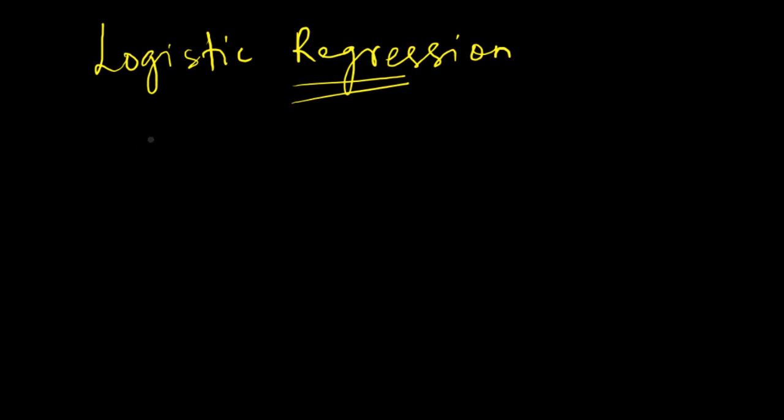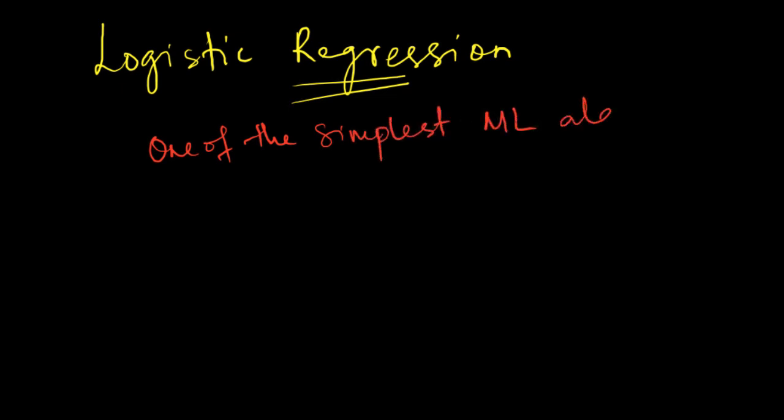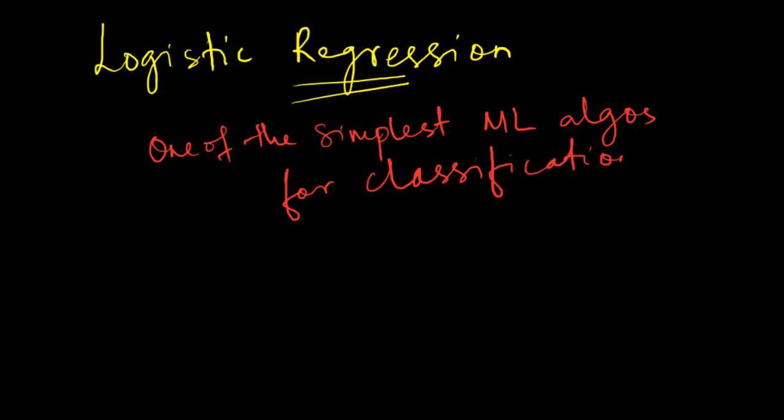One can say that this is one of the simplest algorithms for classification. Actually, I would not call it the simplest, because we have seen the naive Bayes algorithm in another video, which is certainly the simplest algorithm, but logistic regression is also quite simple to apply.